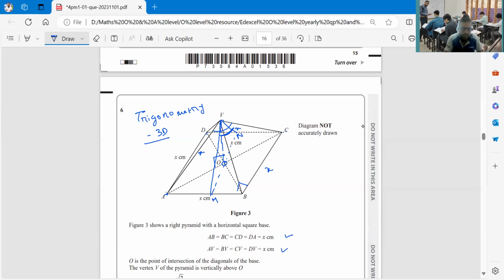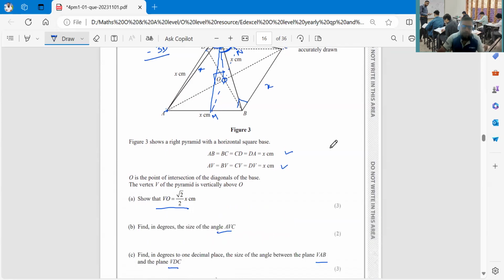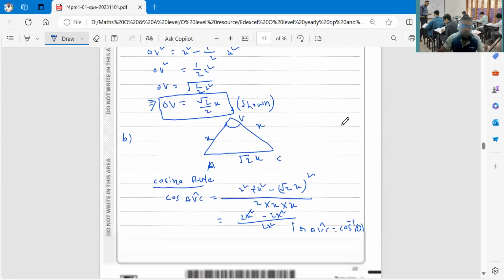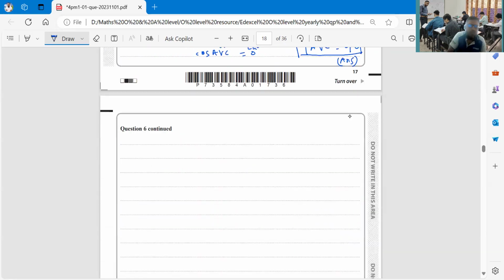So the angle is MBN. This is the required angle you need to find out first. Actually, BM and BN will be equal, so first you have to find BM. If you draw the diagram here for C, this is the triangle ABB, right?